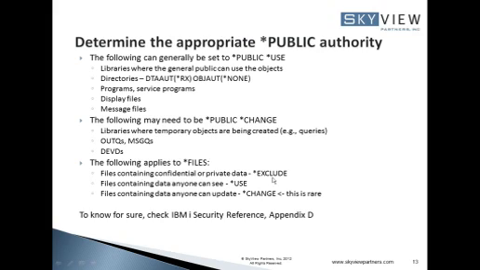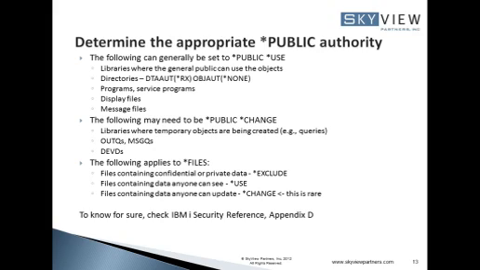Files containing private or confidential data typically need to be set to public authority of exclude, or deny by default. Files containing data that anybody can see, so they can be read. Files contain data that is okay to be read by anybody on the system, but you want to ensure data integrity, so that you want to ensure that the data is not changed by anybody outside of the application.